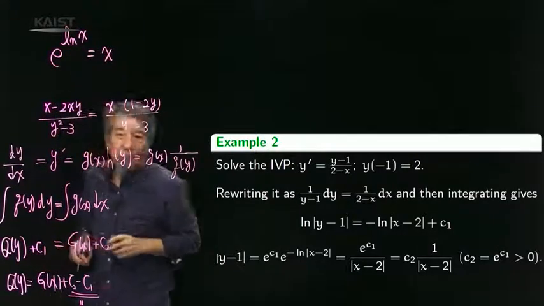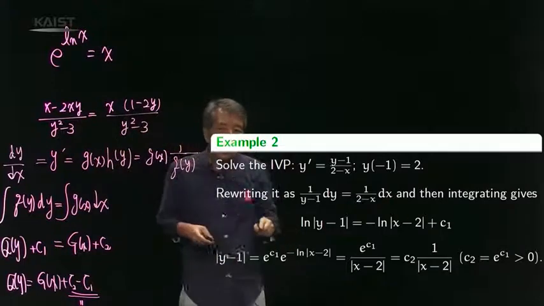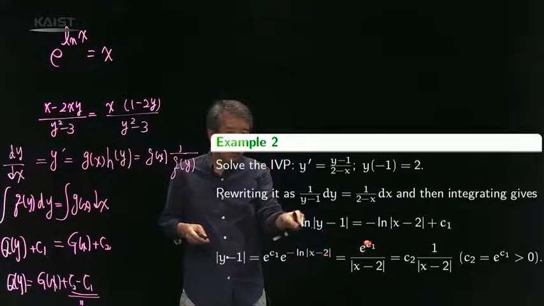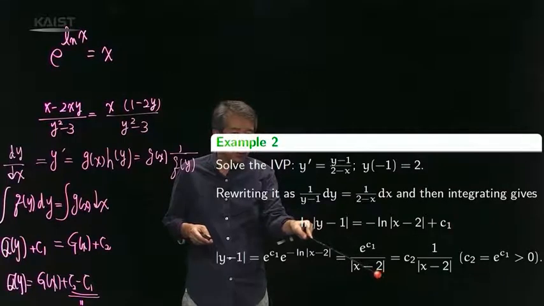So e to the negative log of absolute value of x minus 2 is the same as 1 over the absolute value of x minus 2. So together with this part, you will get e to the c1 over absolute value of x minus 2.